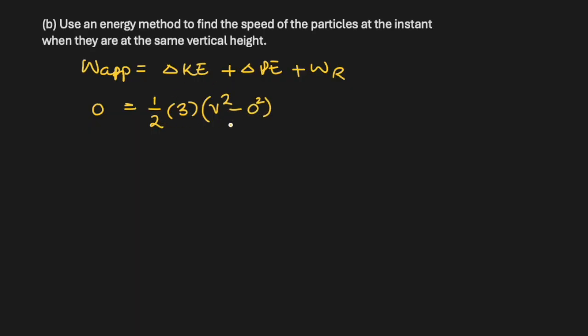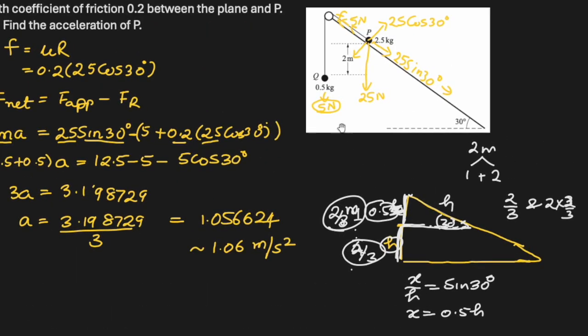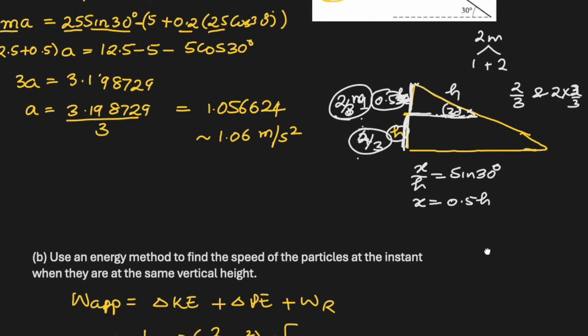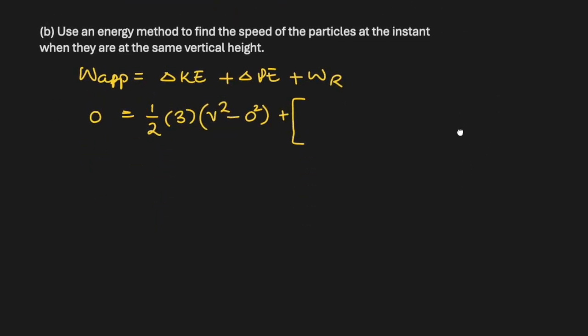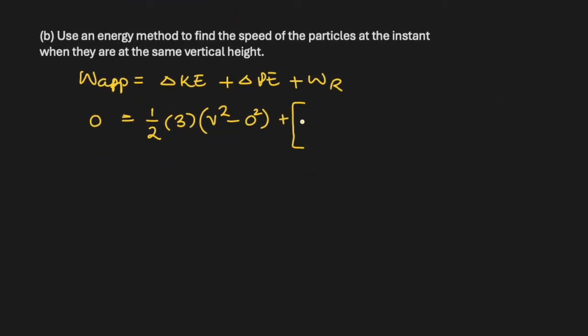So change in kinetic energy is taken care of, but the potential energy is a little different, because one particle is losing potential energy, it is going down, and the other particle is gaining potential energy. So we have to increase one and decrease one. All right, so let's talk about the one which is hanging, 0.5 kg. It goes up by how much? We just found out 4/3 meters, right?